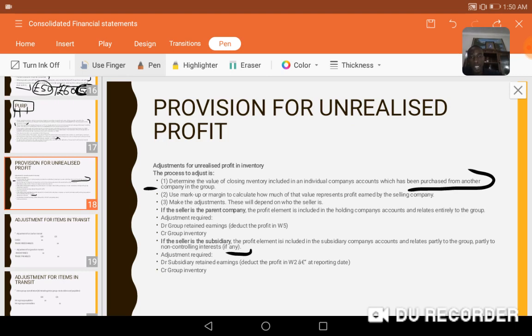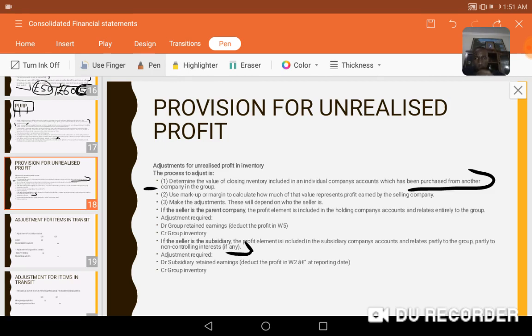Remember, a subsidiary will have different shareholders: those who have control, which in this case we refer to as the parent company, and those who don't have control but have significant influence, or those who have less than 50% stake, or in other words, non-controlling interest.